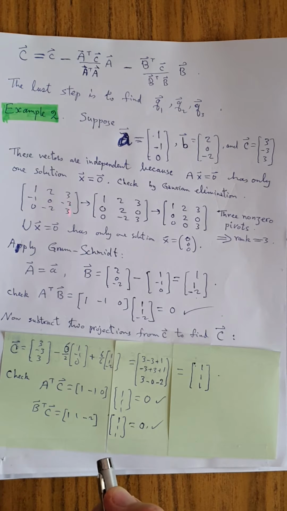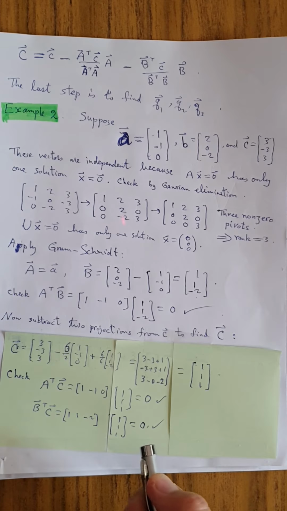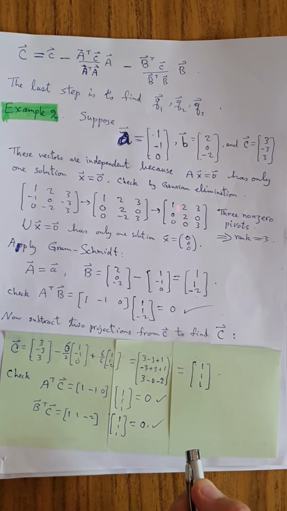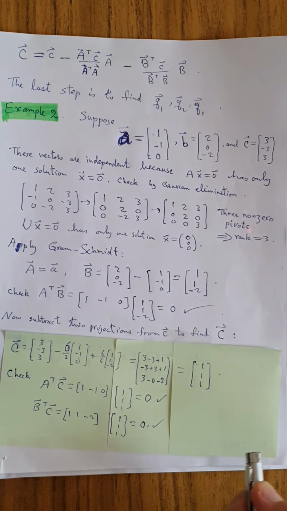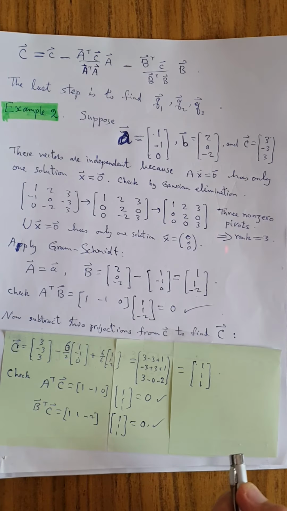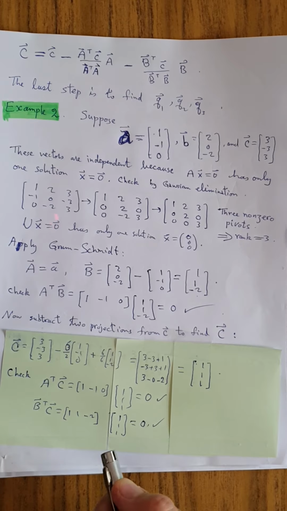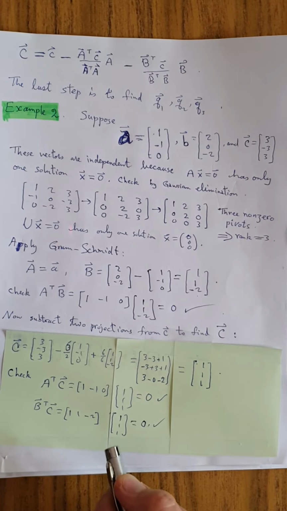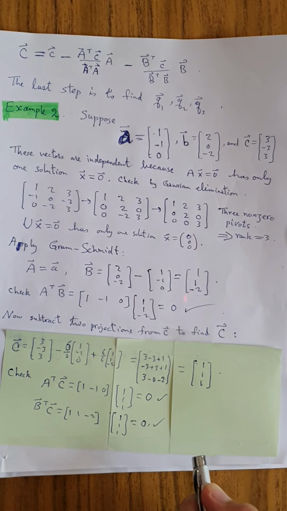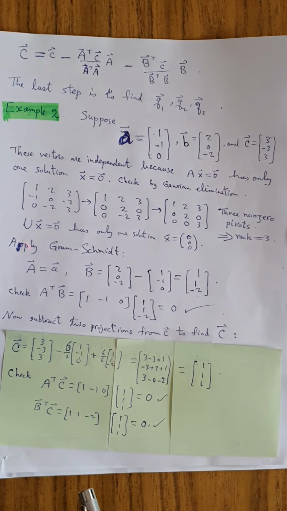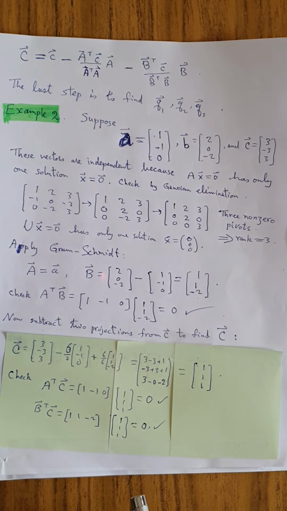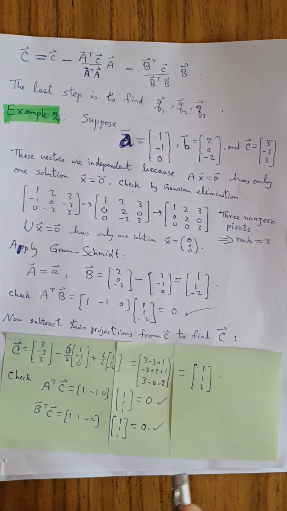If we carry out Gaussian elimination, okay, to reduce A into U, we see that we have 3 non-zero pivots, and so the rank of the matrix is 3, and the only solution of Ux equals 0 is x equals 0. So now we apply Gram-Schmidt, okay, to this matrix A.